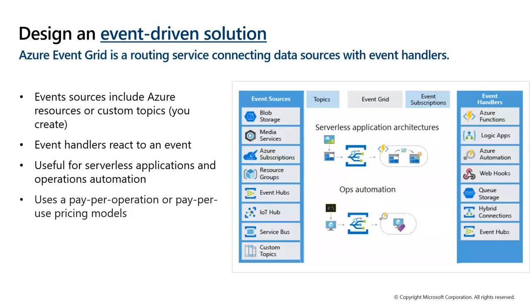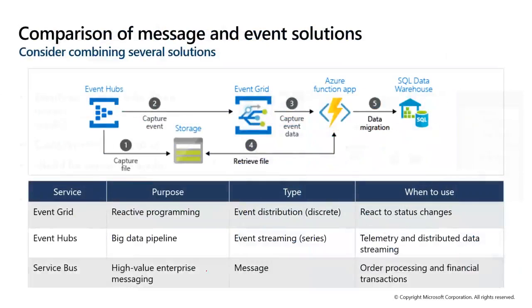So we can see here the type and the purpose. You can see here what I was mentioning in my examples. When we go for the service bus, we need to process, we need the data, we need a message, okay? When we go for the event hub or the event grid, we're actually catching an event streaming.